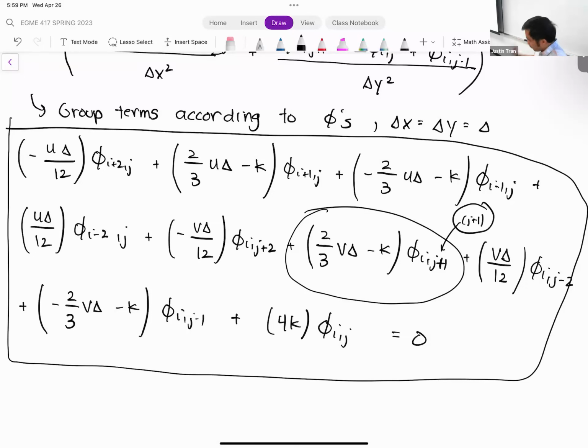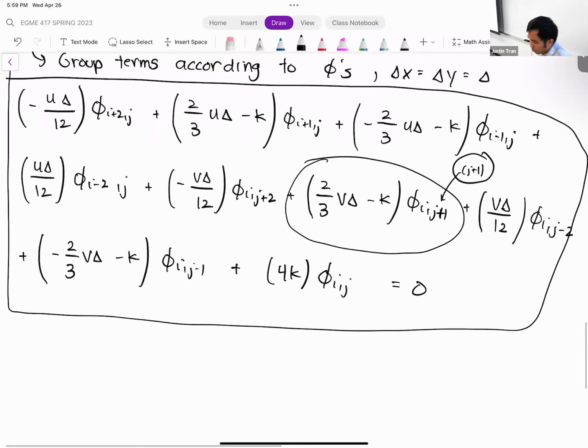All right, and remember, the reason I like putting these equations in this form is that when you plug this into MATLAB, everything in parentheses here is going to be exactly the coefficients in our left-hand side matrix.